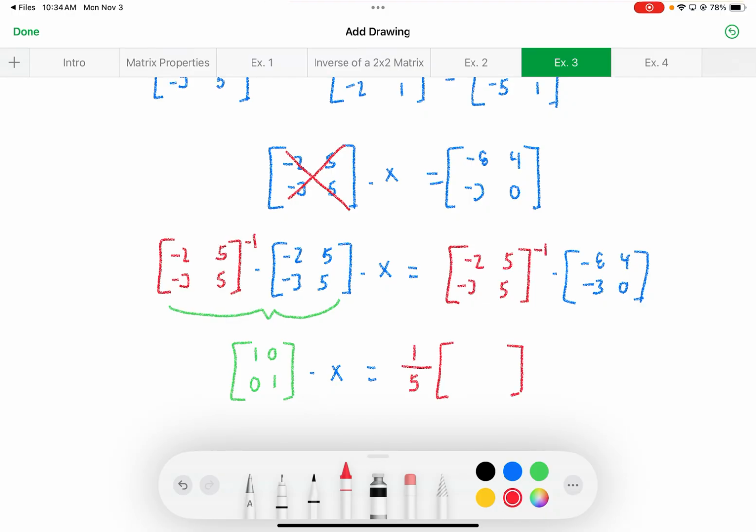Then I'm going to switch the positions of the 5 and the -2. The 5 gets negated, and the -3 gets negated.